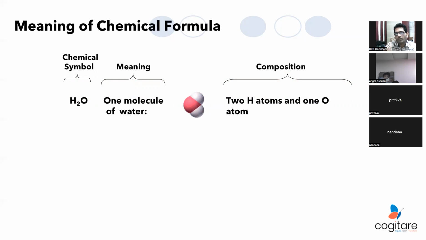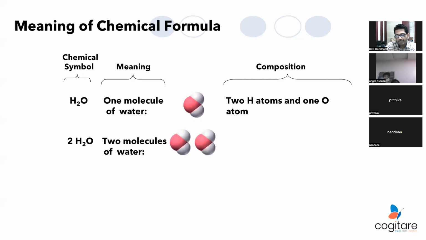You say that one molecule of water contains 2 hydrogen atoms and 1 oxygen atom. Is that okay? Yes, sir. And similarly, if you say 2 molecules of water, it should contain 4 atoms of hydrogen and 2 atoms of oxygen. I think this is clear, guys. Yes, sir.